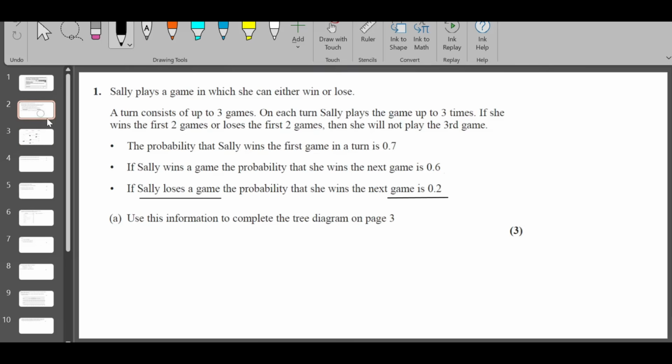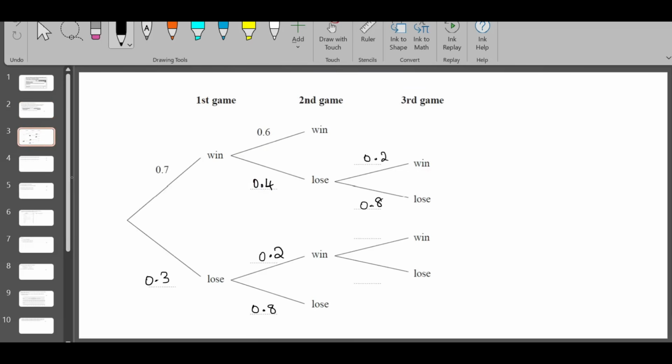And then, if she wins a game, the probability that she wins the next game is 0.6. That's why they put 0.6 here also, and 0.4 here, 1 minus 0.6. That's how we complete this tree diagram.